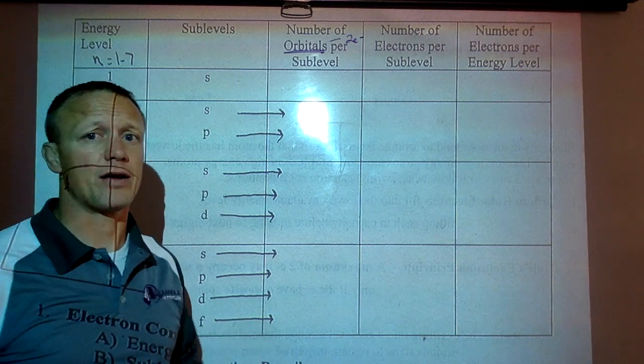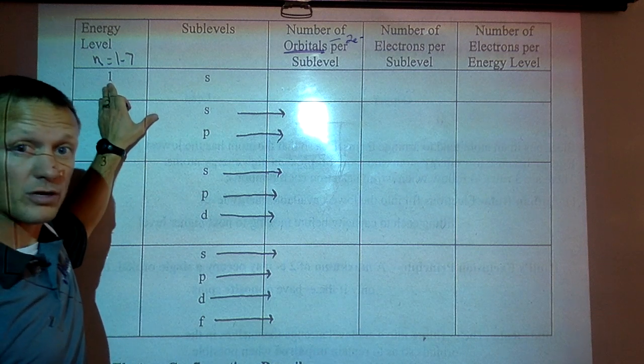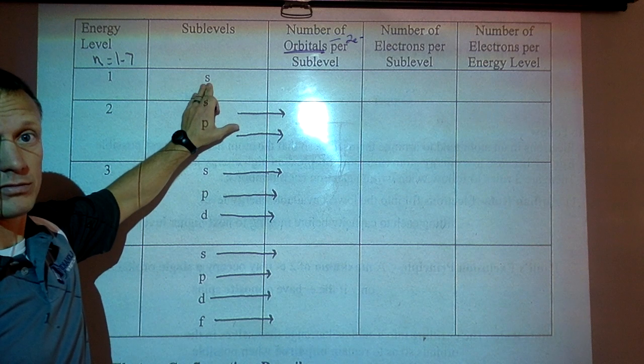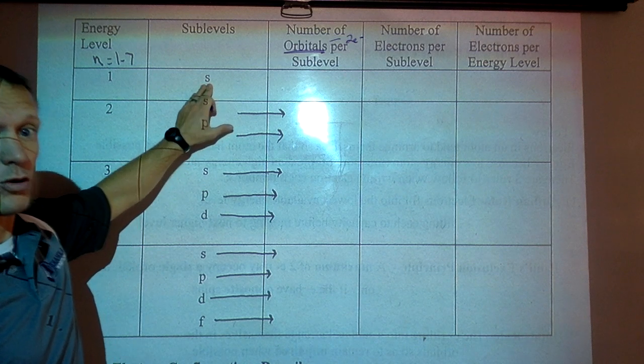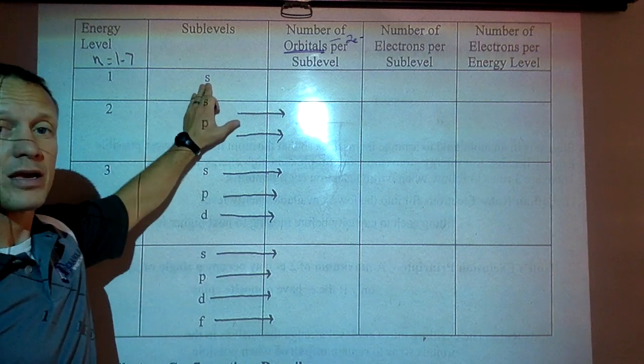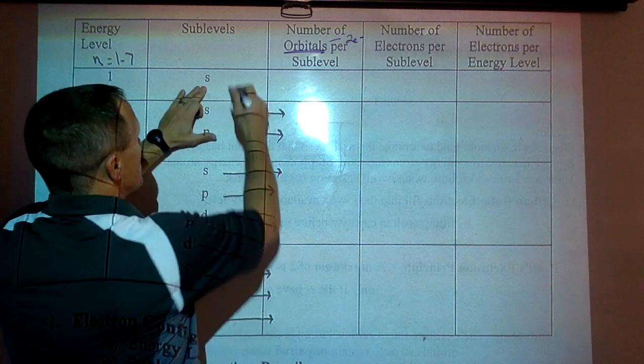So there are 3 different breakdowns. We'll go through this. The first energy level, the one closest to the nucleus, is the smallest, and all it contains is an S sublevel. There's not a P, a D, or an F; there is such a thing as P, D, and F sublevels, but the first level only has an S sublevel. S sublevels are spherical in shape, meaning electrons are traveling in a sphere pattern.